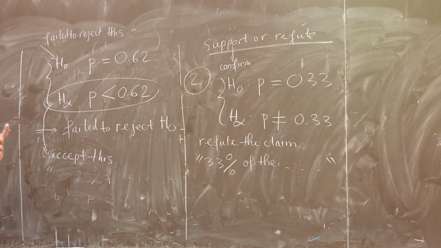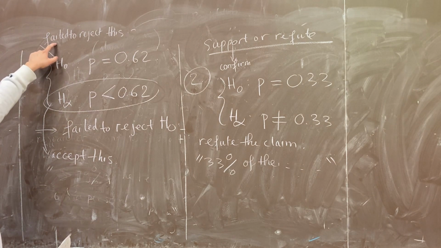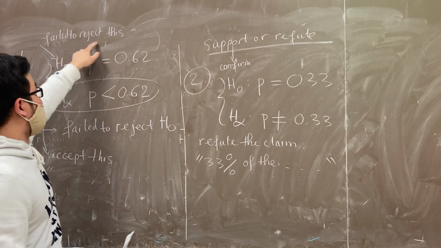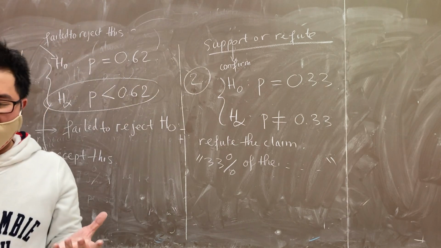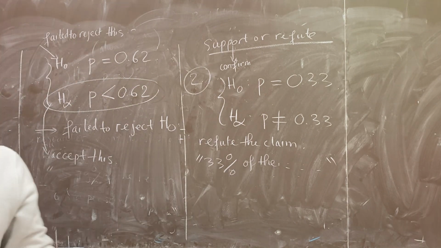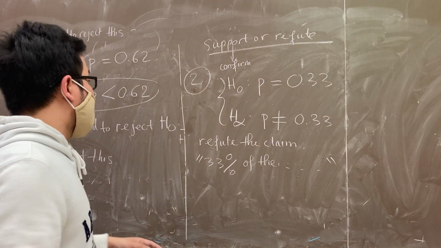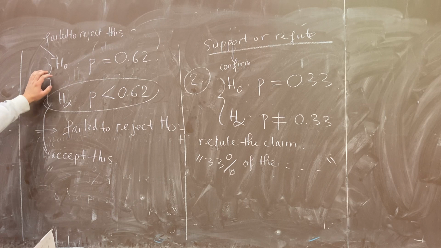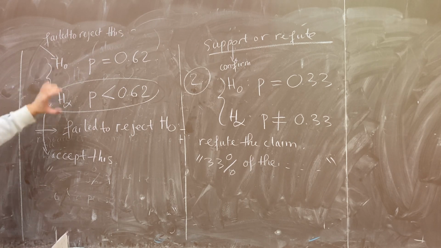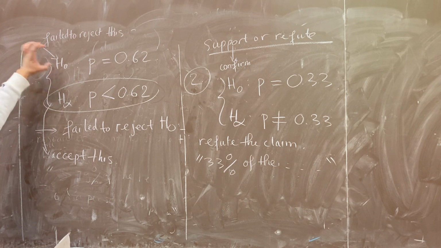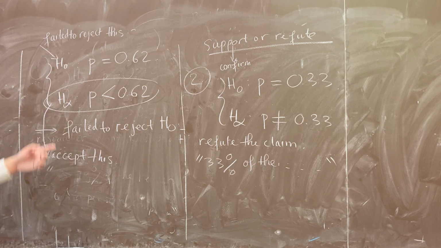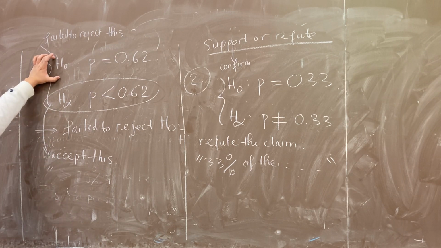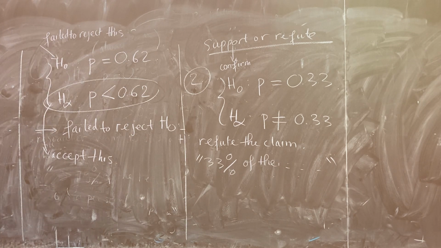That's why this textbook uses the concept of fail to reject instead of accept. You don't have enough evidence to show this statement, but this doesn't mean that you will accept it. You just fail to reject this. Okay, clear, guys? Okay, that is the thing.